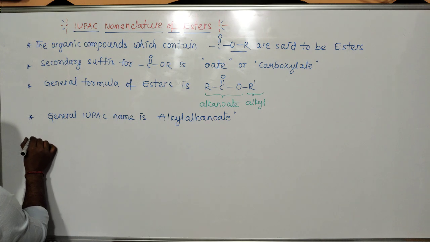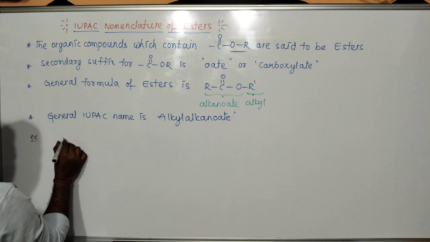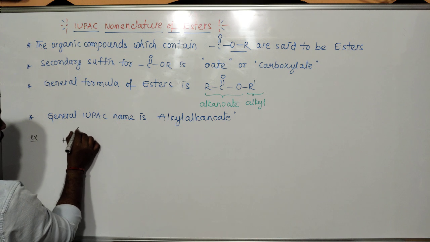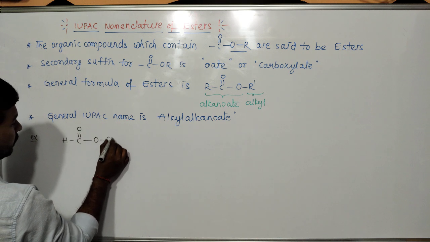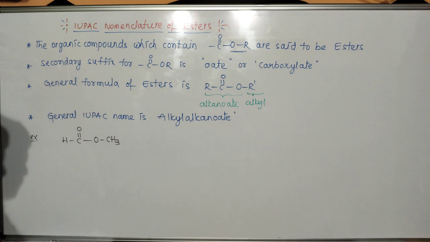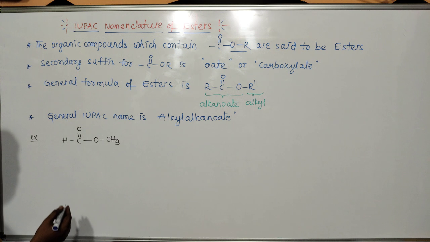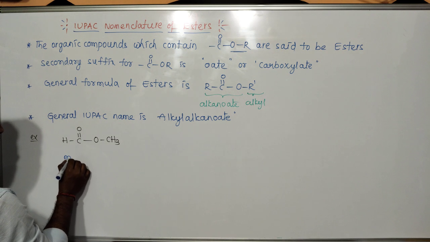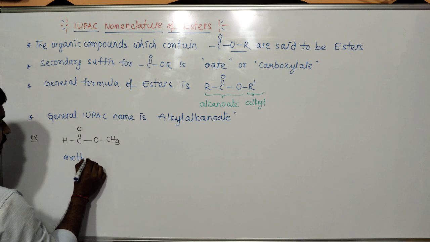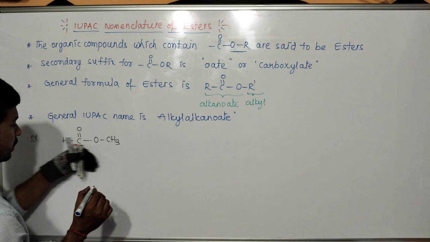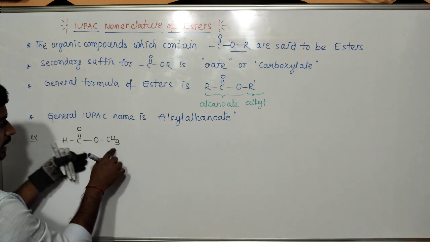See some examples. HC double bond O, OCH3. For this molecule, count the number of carbon atoms, only one. So meth. First write the substituent name, methyl.